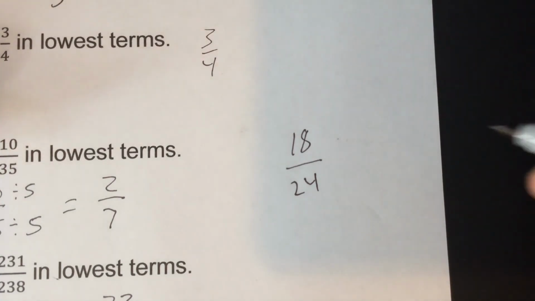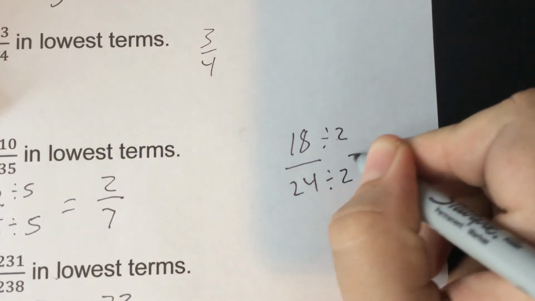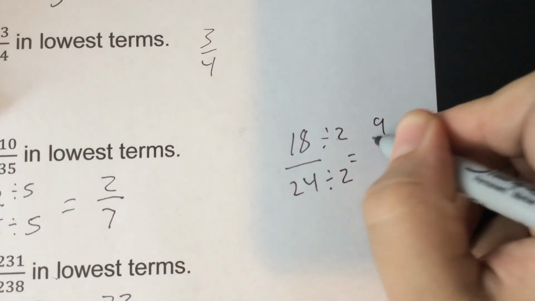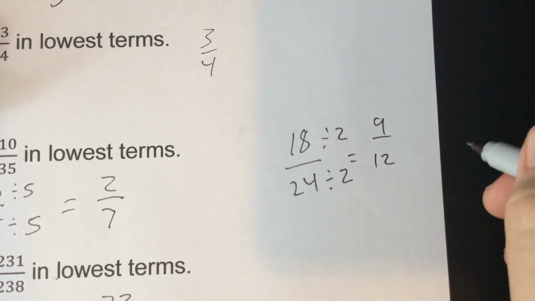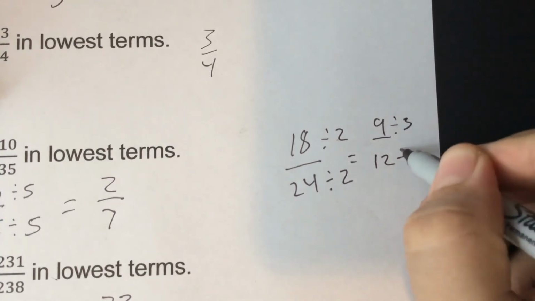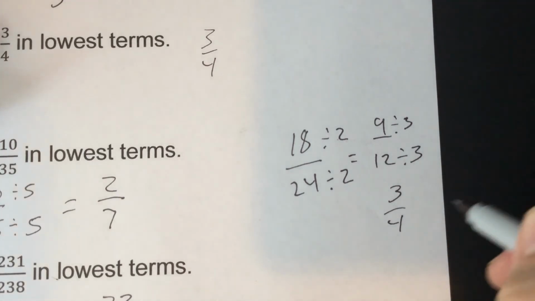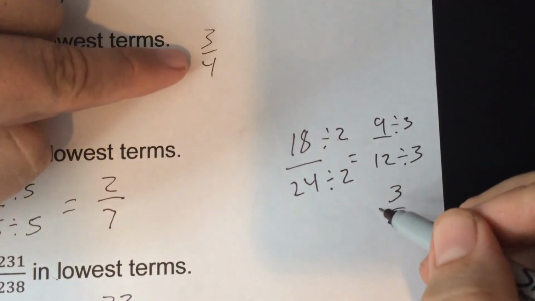Okay, so this one here, I can look and I go, okay, I know I can divide these by 2, since they're both even. And so we're going to end up with 9 over 12. And I go, wait a minute, I can divide both of those by 3. 9 divided by 3 is 3, 12 divided by 3 is 4. Now I know 3/4 is already lowest terms, so I can't go any further.